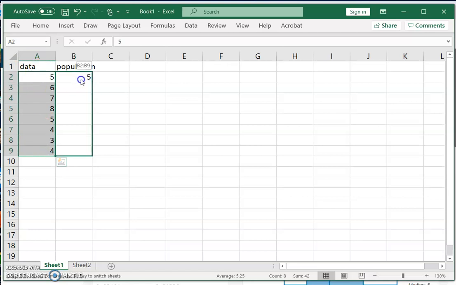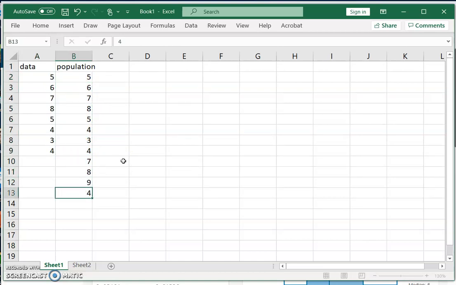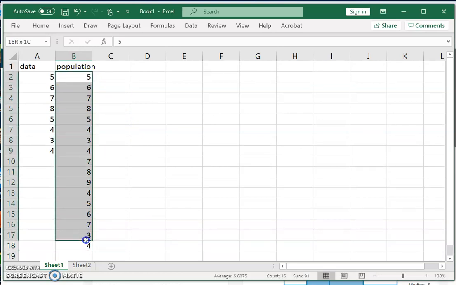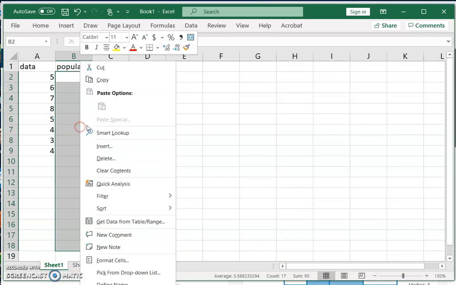These are from the sample, but I have the rest of the data. Just randomly put some in. This is the whole population for some reason. Now I know the whole population and I want to know how it's spread out. So I'm going to copy it.